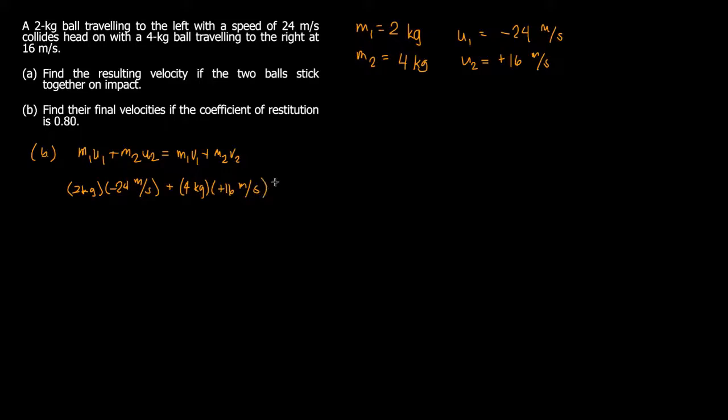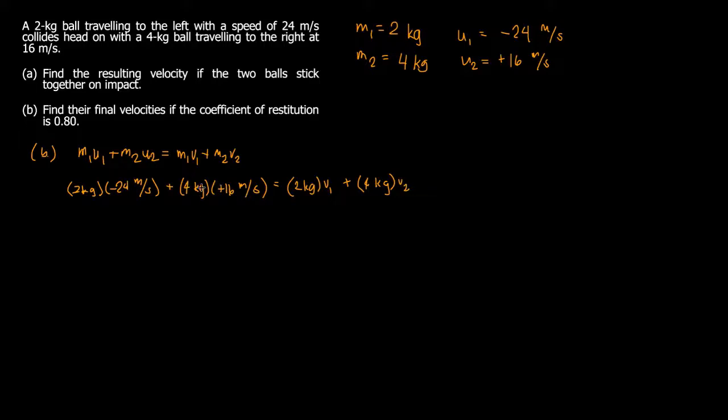That's equal to m sub 1 natin, that's 2 kilograms. Di binigay yung v sub 1, hinahanap yan. Plus 4 kilograms. Hindi rin binigay yung v sub 2 because hinahanap yan.